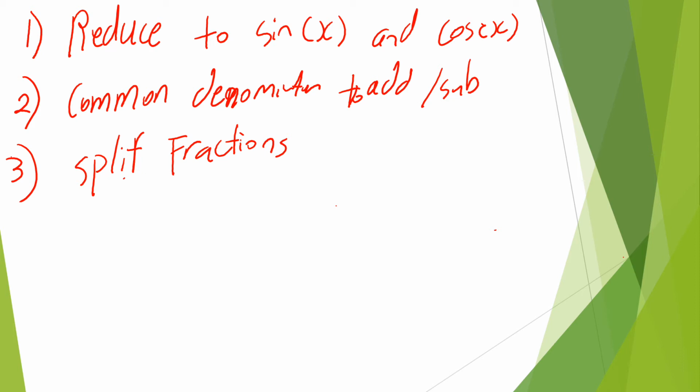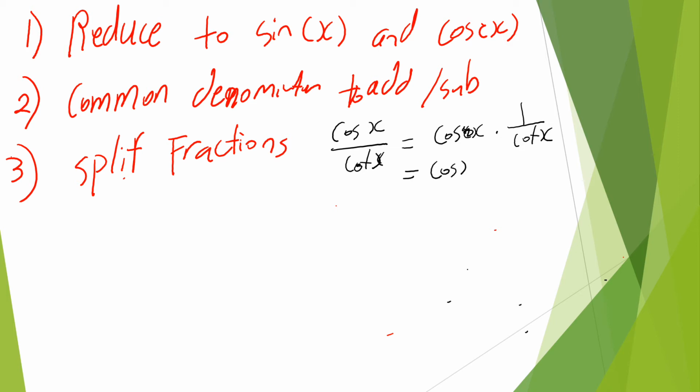Split fractions means, for example, if I have cosine x over cot x, I can split that fraction. I leave the cosine here and write 1 over cot x, and obviously that can be taken further.